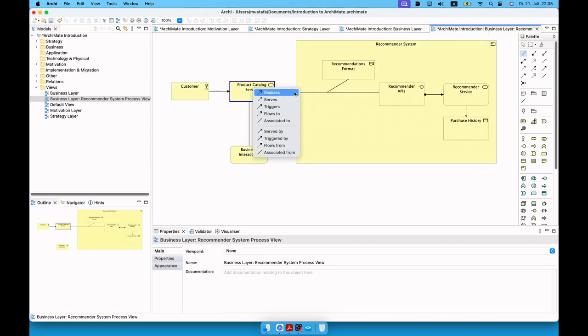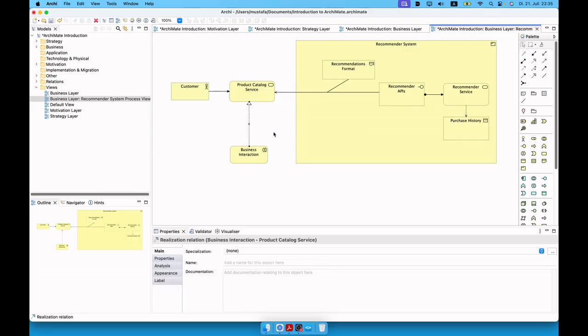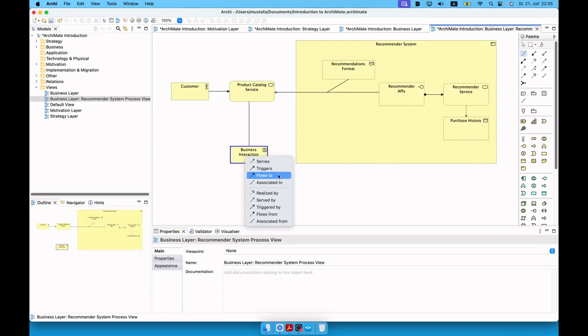So this is a realizes. Actually, I want to make it the other way around. A business interaction is realized by the product catalog service.